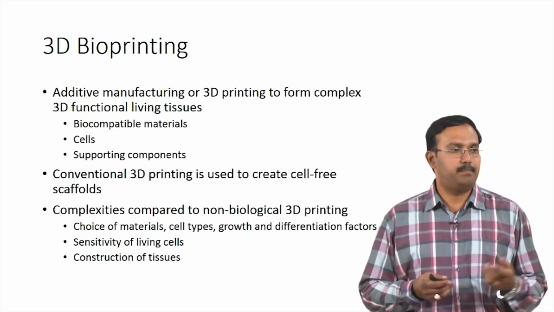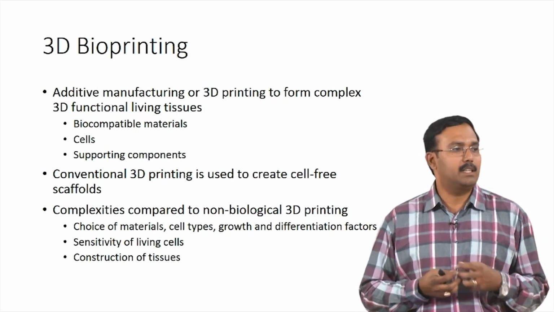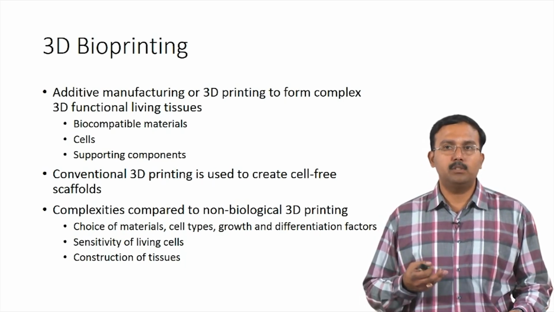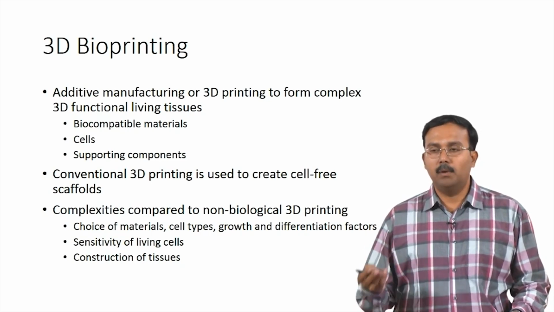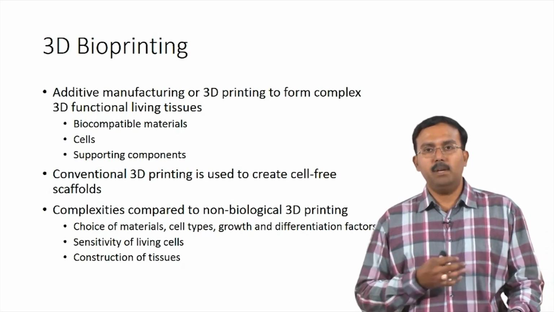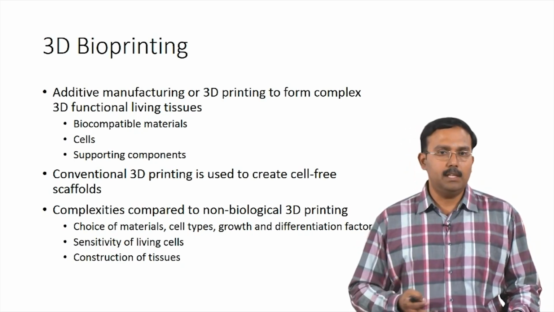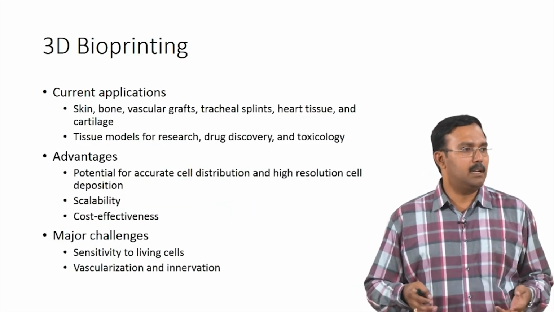Printing a pen or a gun is not the same as printing a tissue, right. The microarchitecture is very different. That makes it quite complex to develop 3D printing technologies for biological tissues. Currently people have tried to print different tissues using 3D printing. Some of these have actually been reported in literature.